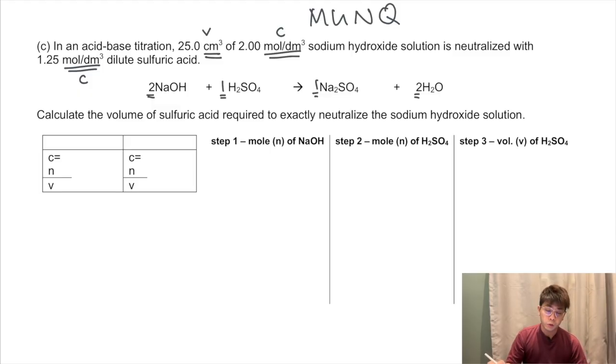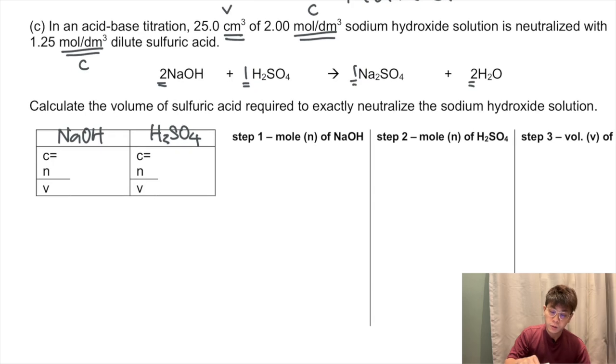Because there's a lot of concentration, I need to use C equals N over V. Over here, I have my NaOH, sodium hydroxide, and my H2SO4, which is sulfuric acid. Now let me fill up the numbers.